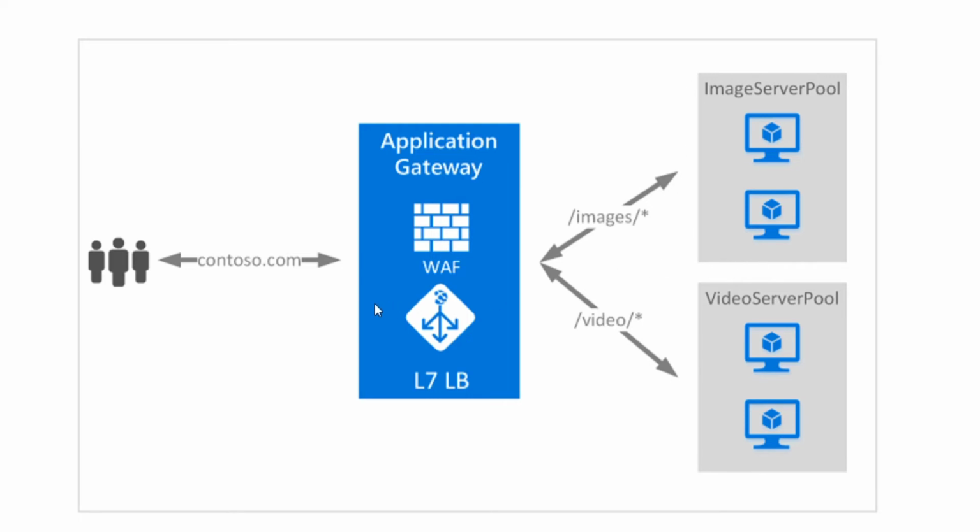And if they have a URL like contoshow.com/videos, then the request is forwarded to this video server pool. That's how application gateway works with URL-based or path-based routing. So this is called path-based routing.